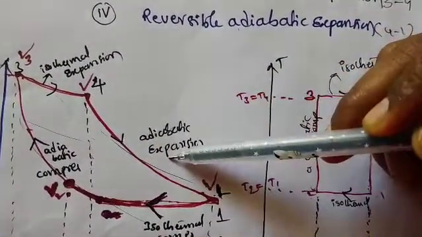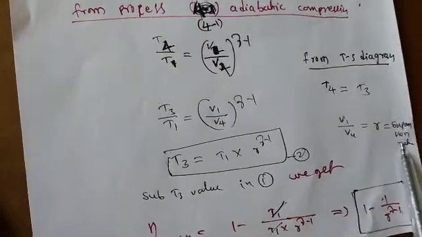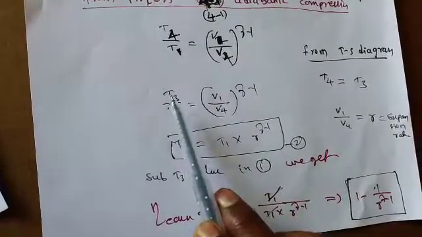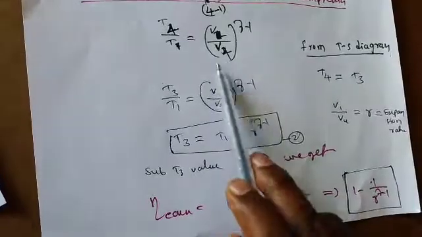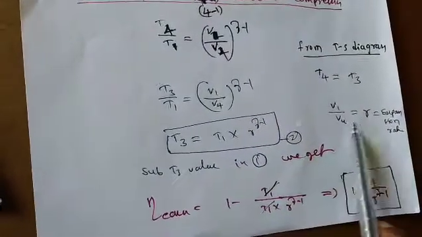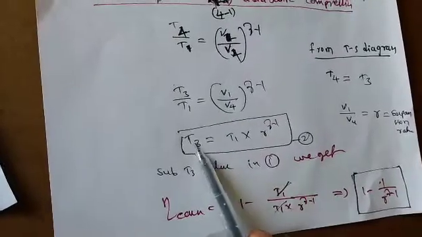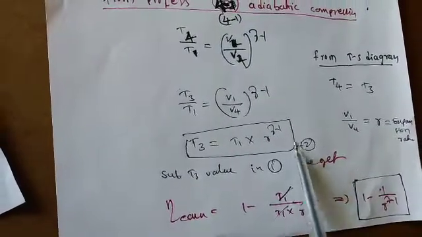So V1 by V4 is nothing but the expansion ratio r. Substituting that here, T3 is equal to T1 into r to the power of gamma minus 1. This is our equation number 2.